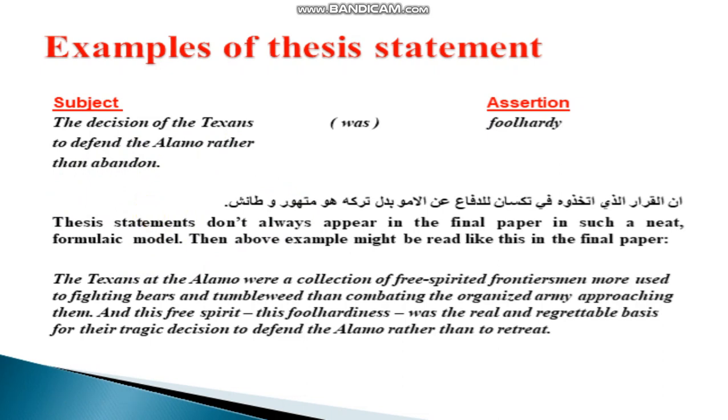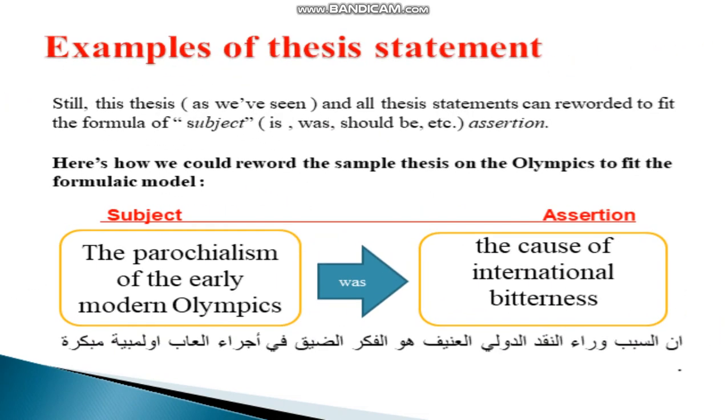Why? In order to show the reader that you have finalized your paper. This is a discussion of the second example of the thesis statement. So this is a narrow subject, which is linked with the precise assertion.